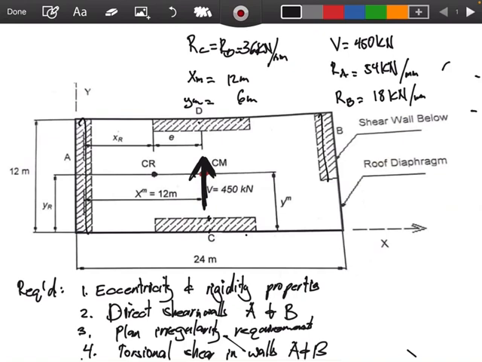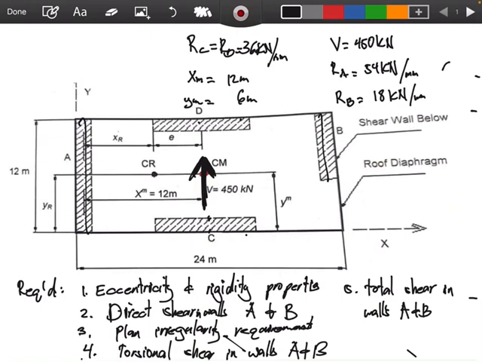Okay? And fifth, the total shear. Total shear means we add the direct shear and the torsional shear in walls A and B. So this is horizontal distribution of shear in shear walls.